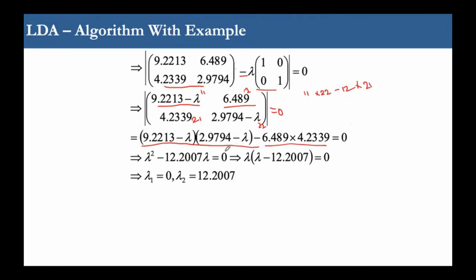Now we need to solve this equation, and we will get a quadratic equation. When we solve the quadratic equation, lambda 1 you get as 0 and lambda 2 is 12.2007. These are the eigenvalues.